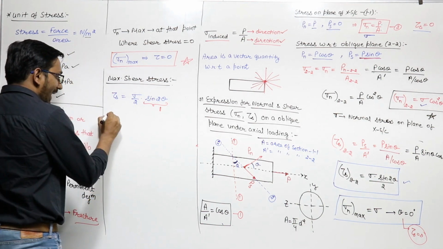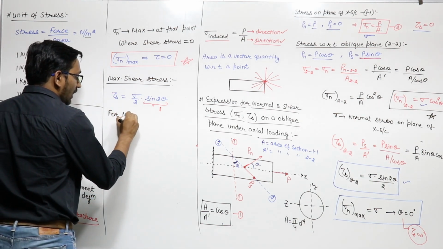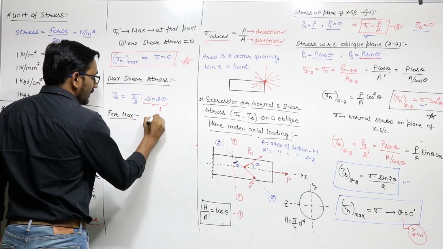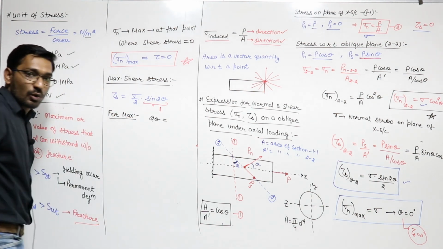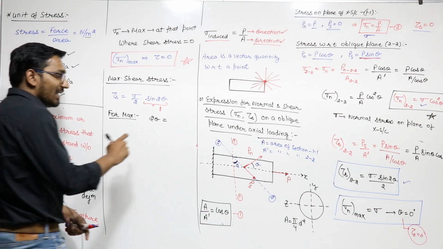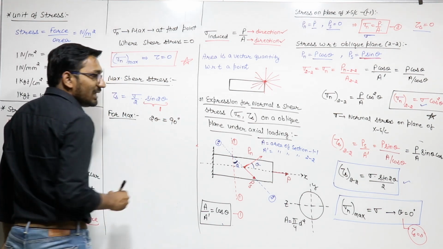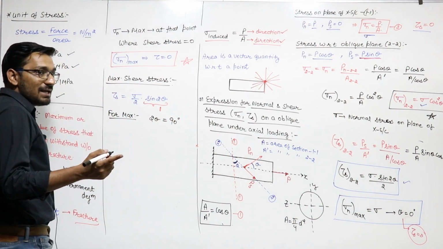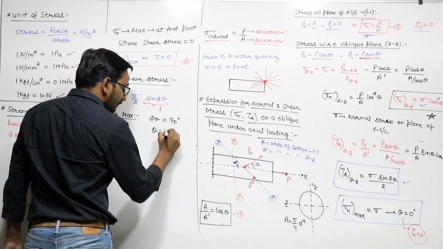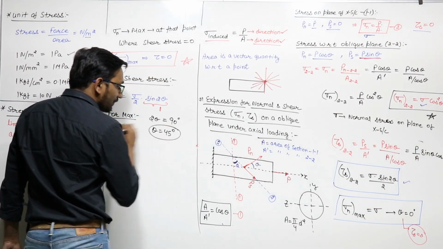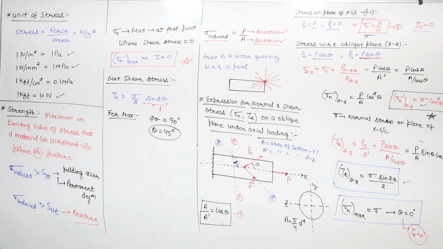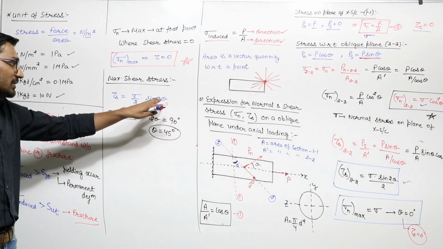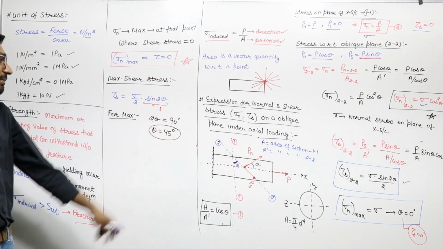So for maximum, this 2 theta value will be equal to 90 degree, right? Theta will be 45 degree.